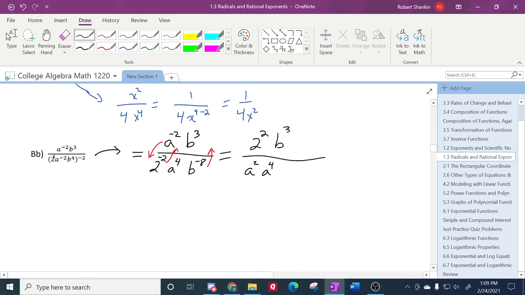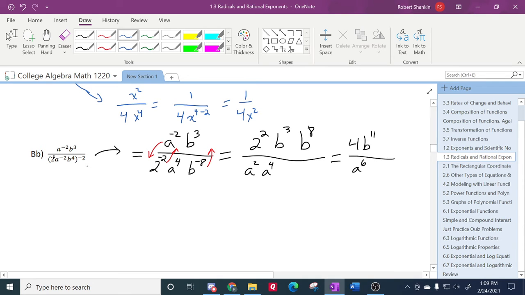And then this one moved up, so it's over here. And then this is 2 squared is 4. There's 11 b's up on the top, and there's 6 a's at the bottom. That's my final result, but that's just one way to do it.